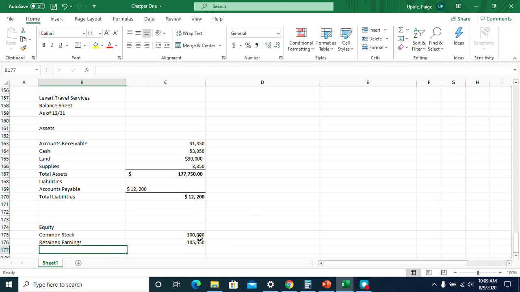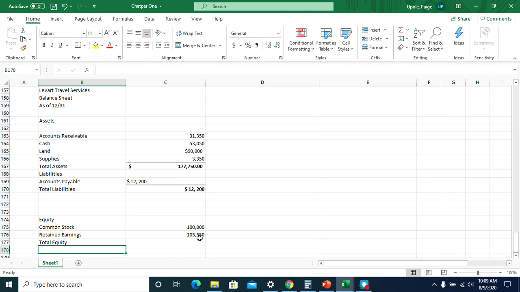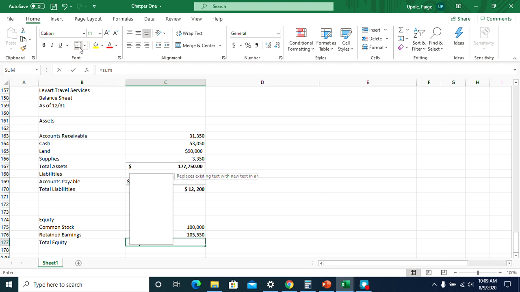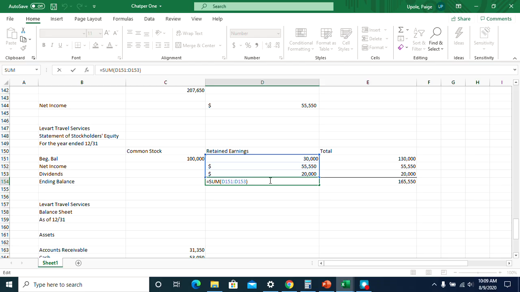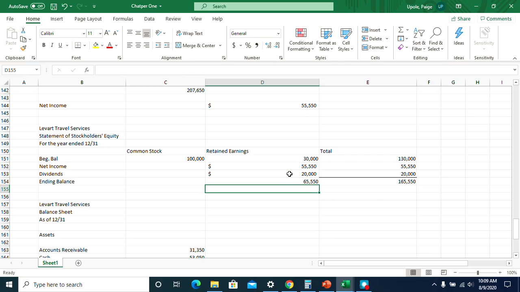All right. So I'll say total equity. Put at the bottom, sum that up. All right. Oh, that's not right. Retained earnings. Oh yeah, whoops, I need this plus this minus this. There we go.